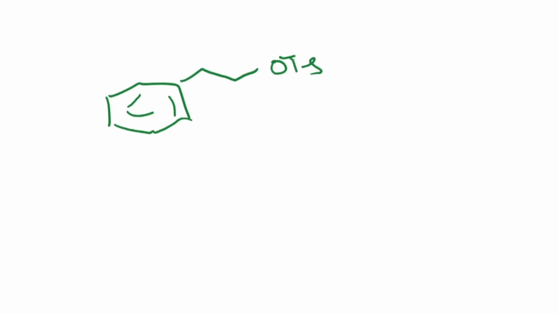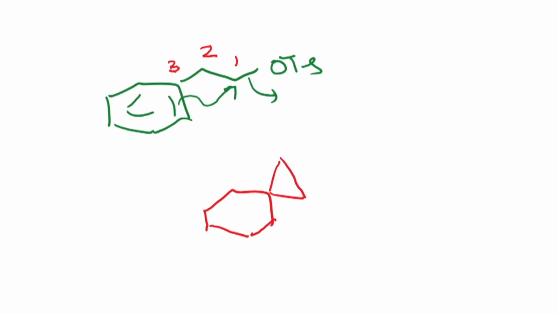Okay, so the clue here is again the reaction that we are all quite familiar with, which is the electrophilic aromatic substitution. So you can have the attack of the benzene ring over here, and again let me just number these carbons. This is 1, 2, and this will be 3. And so an attack from this benzene ring over here will give us a 3-membered intermediate of the following manner.